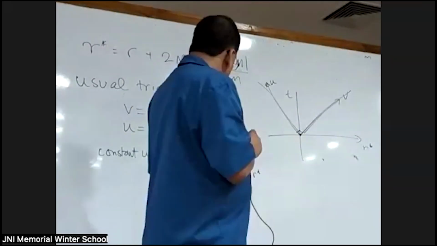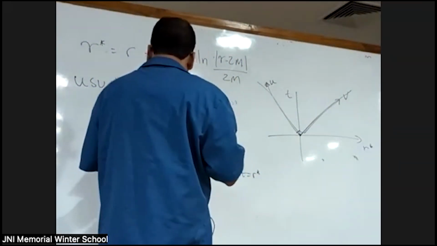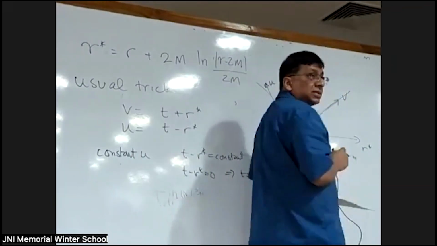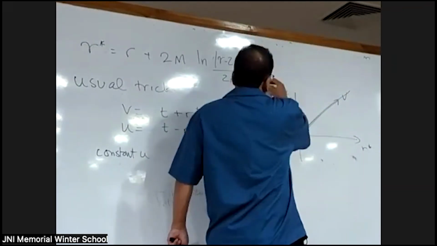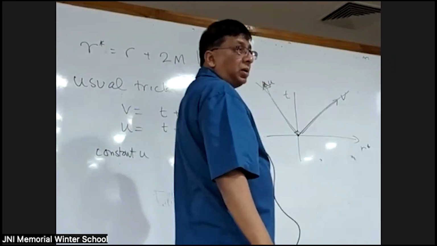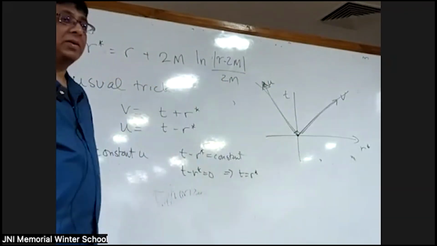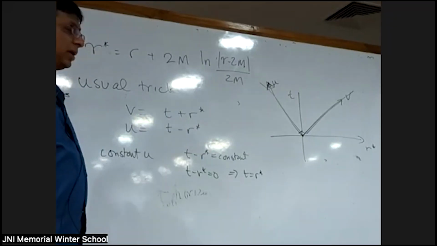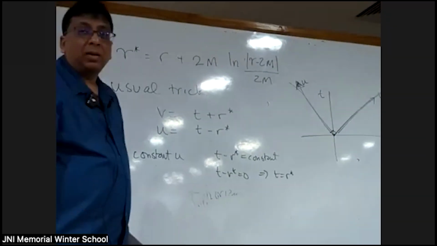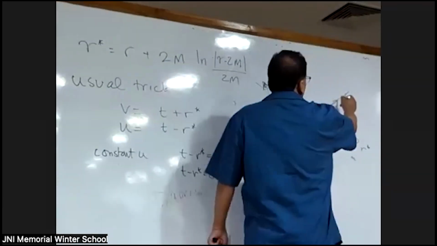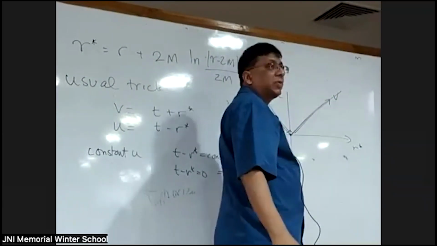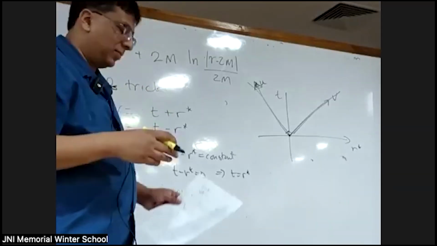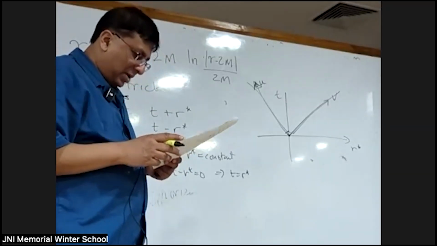So that corresponds to u equal to 0, so this is the v axis. And you can do the same, this is the u axis, when v is equal to 0. When v is equal to 0, then t is equal to minus r star. Remembering what is v and what's u is useful. I always get them mixed up.